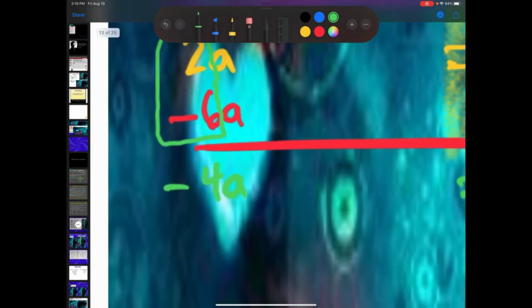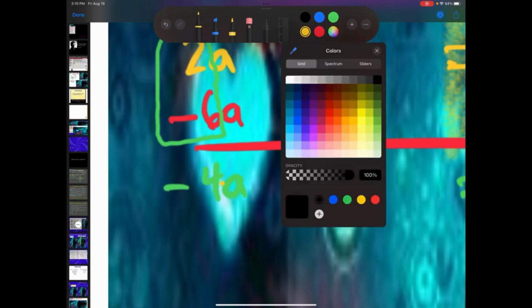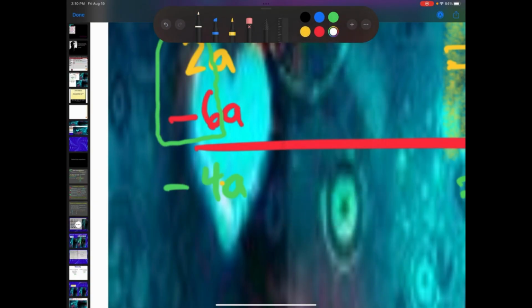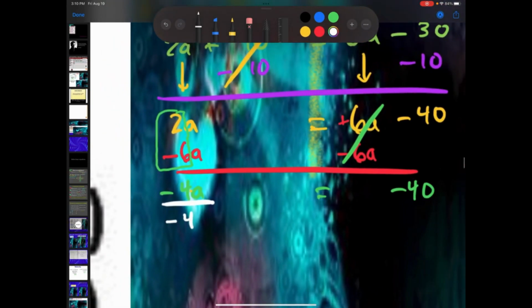Partner B tell partner A, what's the math operation between those, class? Multiplication. Partner B tell partner A, what's the opposite of multiplication? We're going to do what, class? Divide. Negative 4 on both sides.